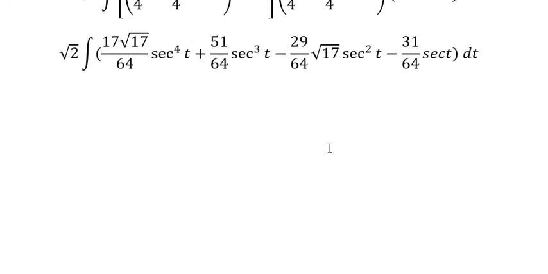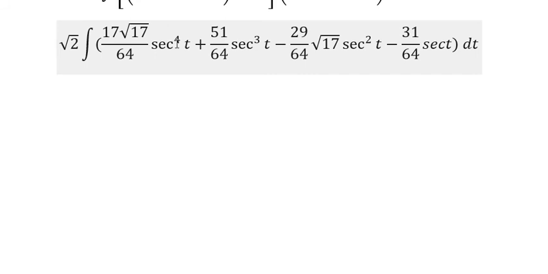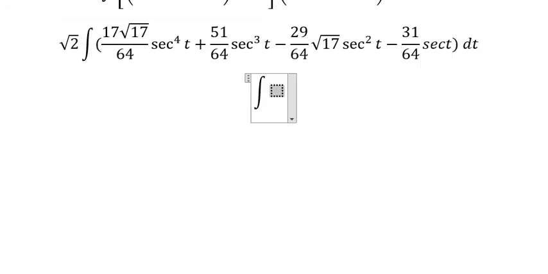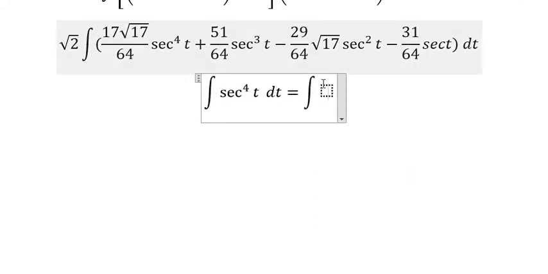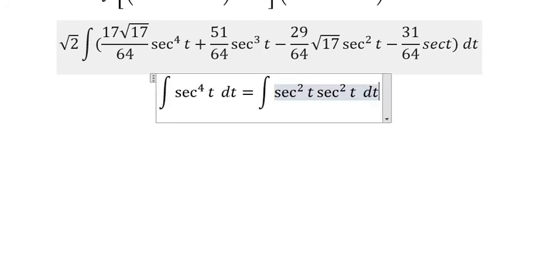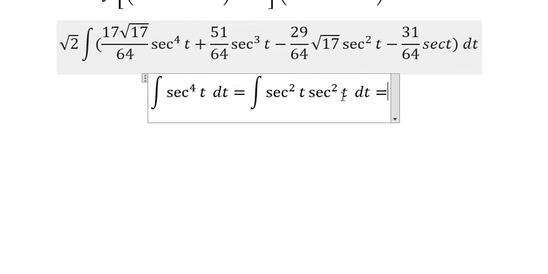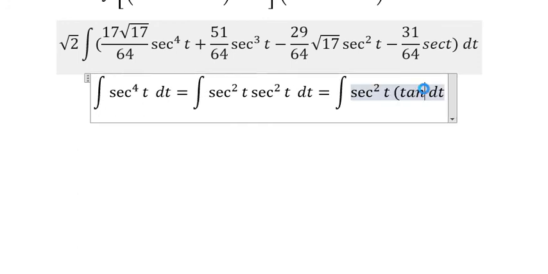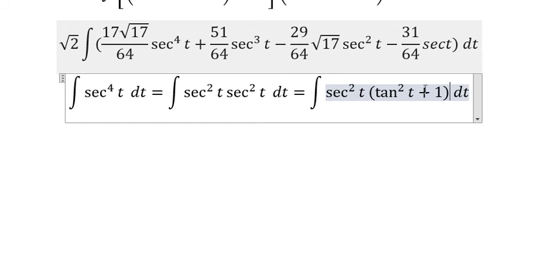So I will concentrate on secant of t to the power of 4 and secant of t to the power of 3. Secant of t to the power of 4 we will go secant of t squared multiplied with secant of t squared dt. About secant of t squared we can got tan t squared multiplied with number 1.